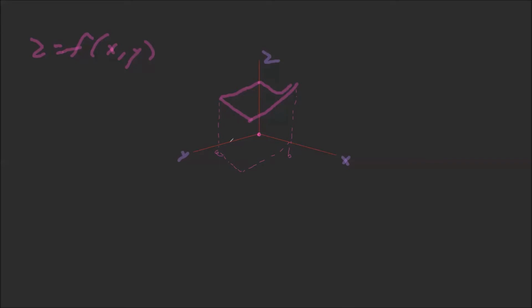And so by finding the double integral, we're going to find the volume that is represented here. And so that's the point of a double integral. And I'm going to explain how we can find this.